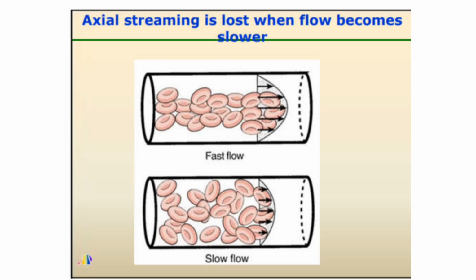So the cellular elements in the axial stream are held in the center by the centripetal force of the flowing blood, which is overcome by the centrifugal force as blood flow slows. Remember that during increased capillary permeability, the capillary becomes more porous than normal, allowing substances to move out of it easily. So when this happens, blood flow slows down.